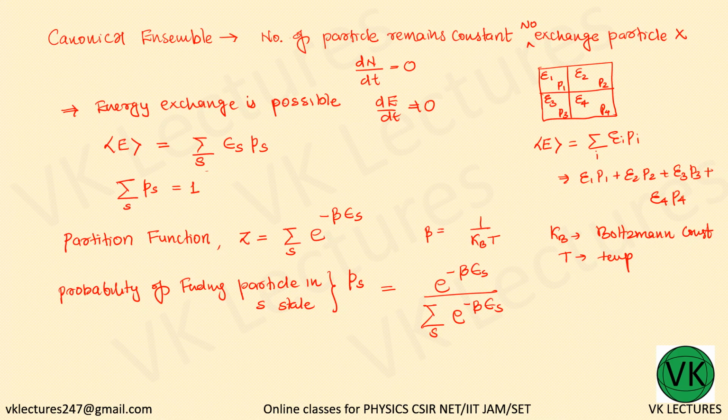For example, if you want to find the probability in the first state, P1 is equal to e to the power minus beta E1 divided by the sum over S of e to the power minus beta E_S. Here you have to add all the probabilities, so the total probability will be equal to 1.